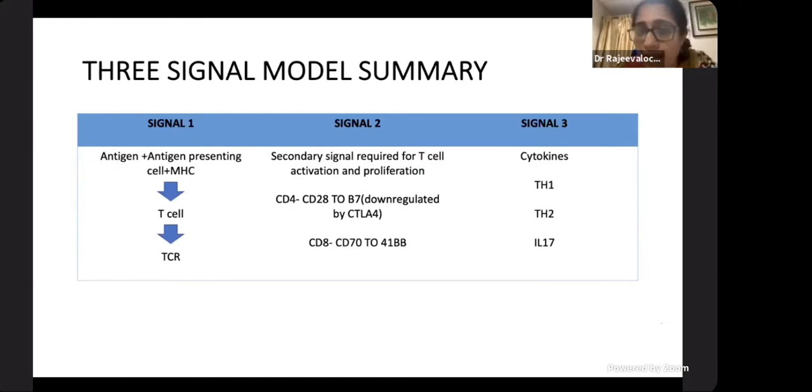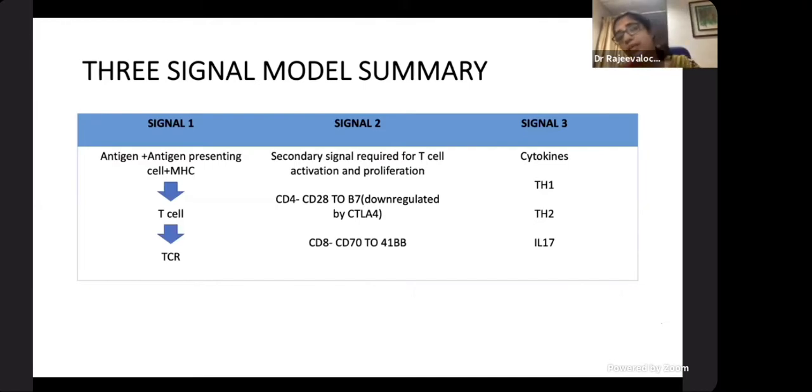You need secondary signals, which are required for both the activation and the proliferation of T cells. For example, CD4 has CD28 molecules on its surface, which bind to B7-1 and B7-2, which are CD80 and CD86, present on the antigen presenting cells. These are called co-stimulatory molecules.